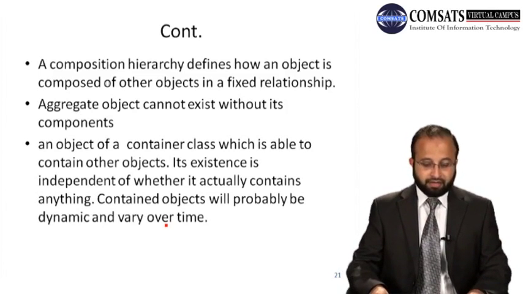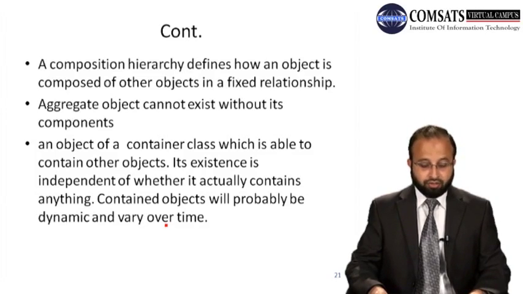An object of a container class which is able to contain other objects, its existence is independent of whether it actually contains anything. So contained objects will probably be dynamic and vary over time, right?